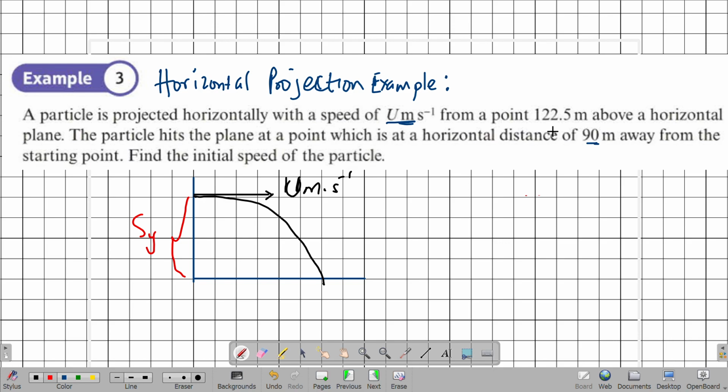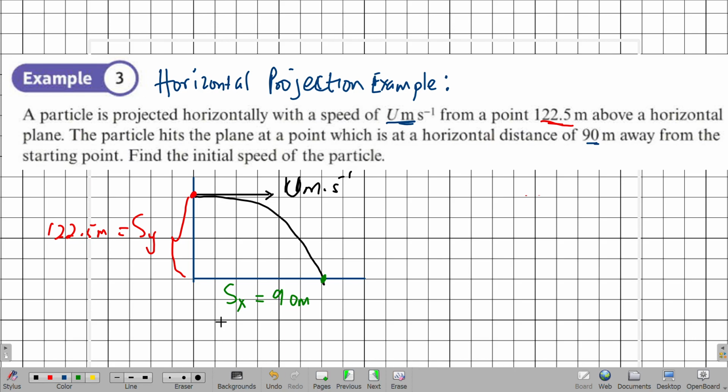And we have been told that this particle here, probably a tennis ball, was 122.5 meters above the ground, or above the horizontal plane, which is this one. And at the same time, the trajectory it has to go, s x, is 90 meters up until this point. So that's what we have been given here.